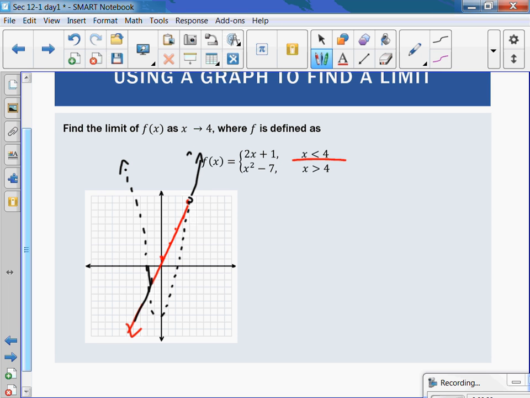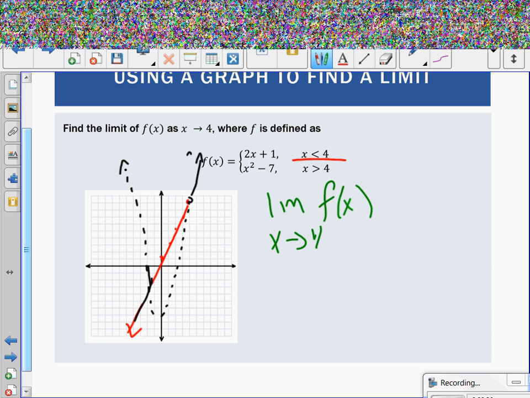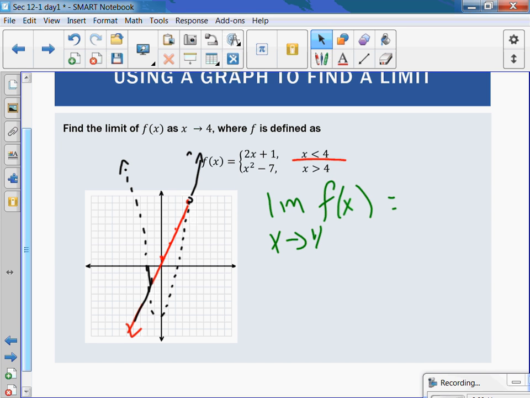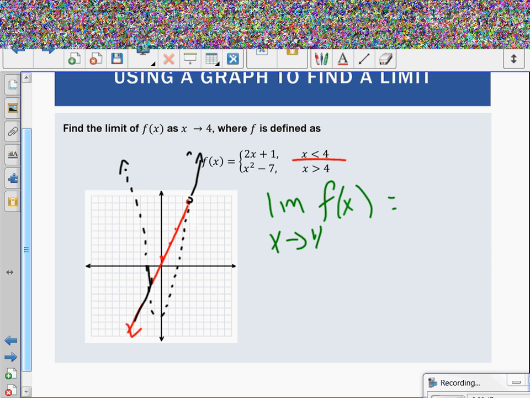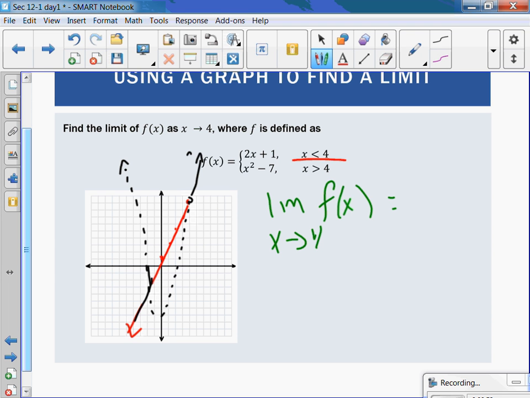If I look at my red line, as it gets closer and closer to 4, even though it's not defined, it looks like it's what value? 2x plus 1 when x equals 4. So it looks like, right, this right up here is 9.